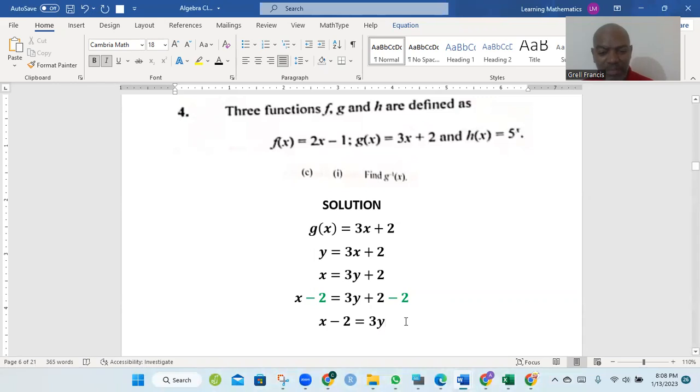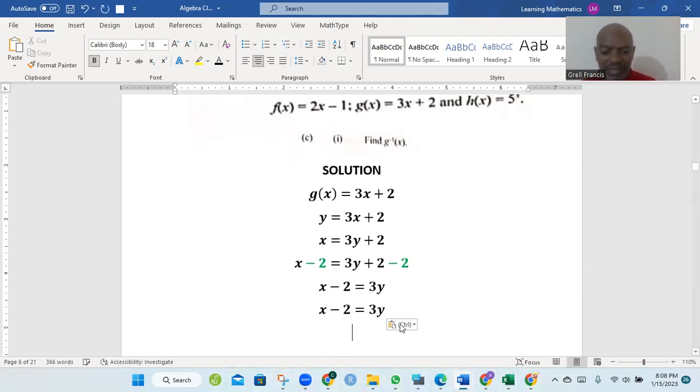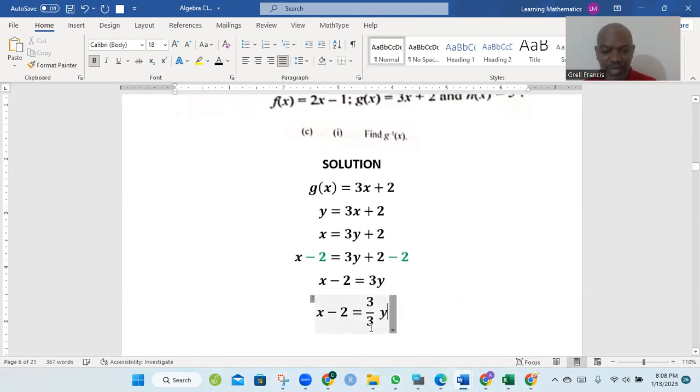The 3 is multiplying y. The opposite of multiply is divide. So in order to cancel out that multiplying 3, we have to divide by 3. A division of 3 will cancel out the 3 that is multiplied. And if you divide by 3 on the right, we have to divide by 3 on the left.